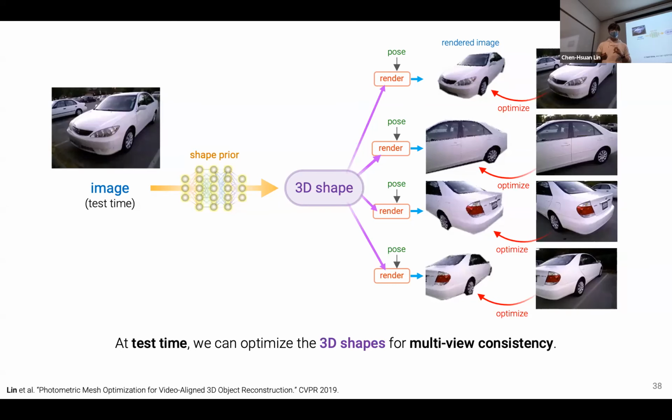We can optimize these 3D shapes for multi-view photometric consistency, and what we found is that this can be done using only photometric information. We don't actually need object silhouettes anymore. We only need the video frames to achieve this multi-view consistency and align these 3D shapes.